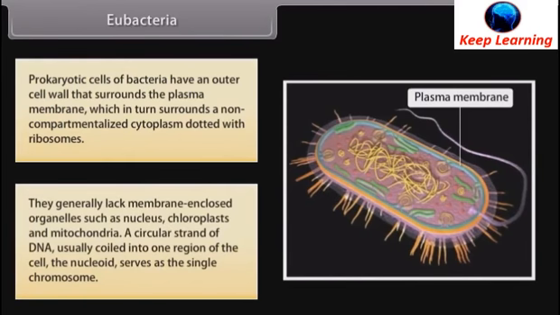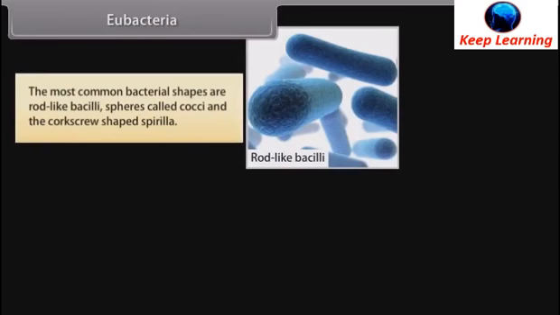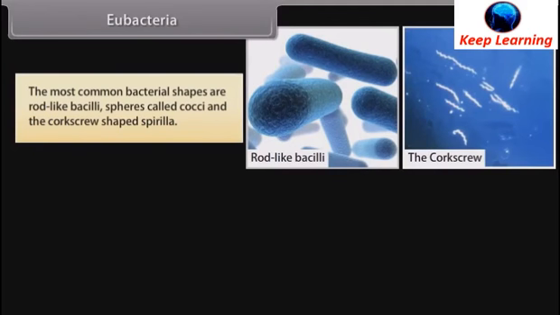A circular strand of DNA, usually coiled into one region of the cell, the nucleoid, serves as the single chromosome.